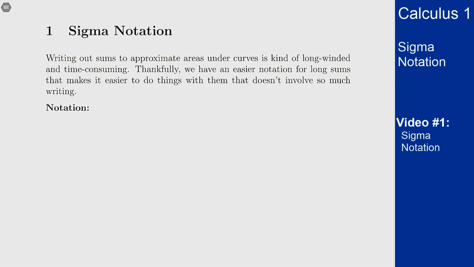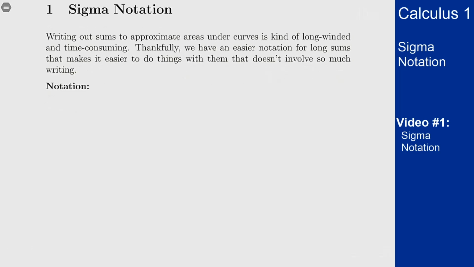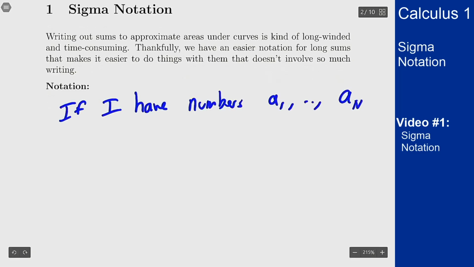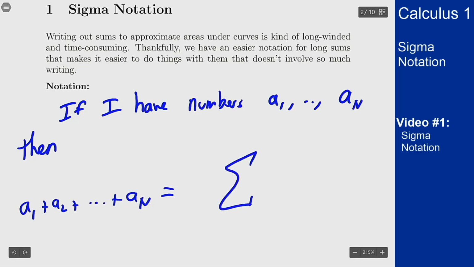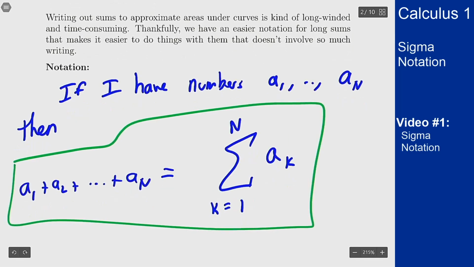Our notation is the following. If I have numbers a1 through aN, with a capital N here, then I can write the sum a1 plus a2 plus all the way up to aN instead as a sum with a big capital sigma from index k equals 1 up to capital N of a_k. That's just how we define this notation.